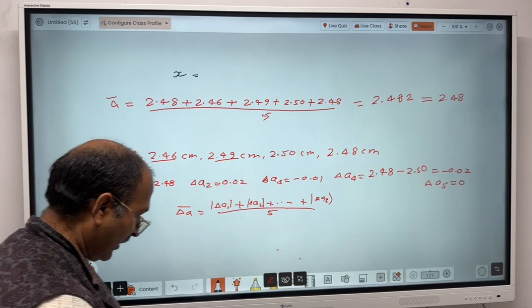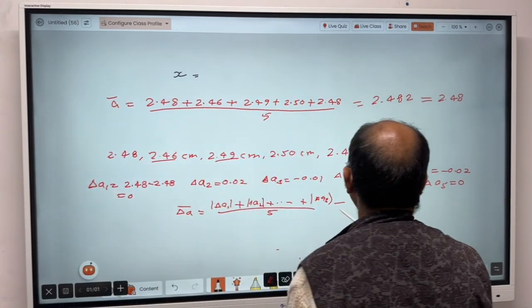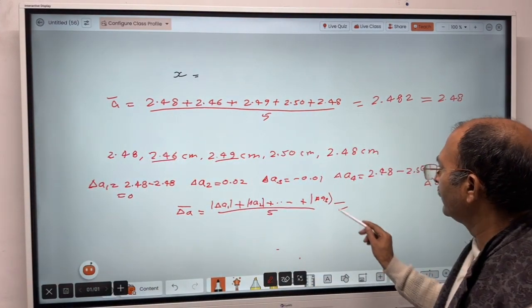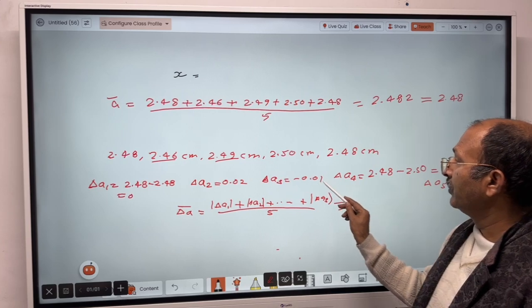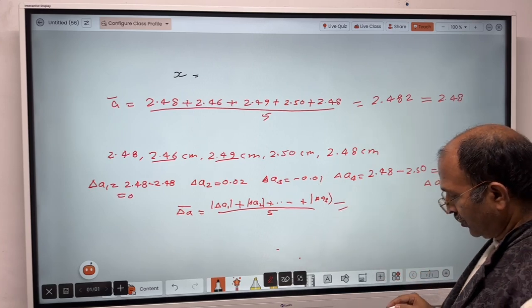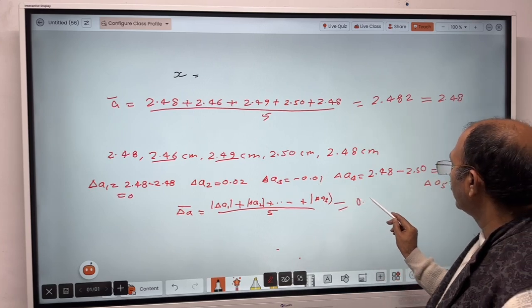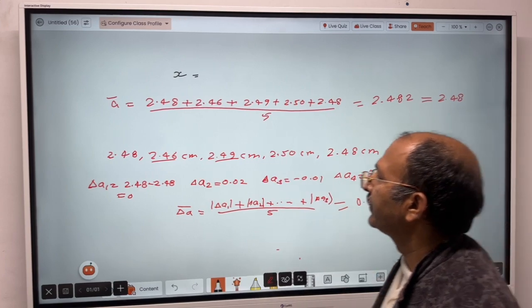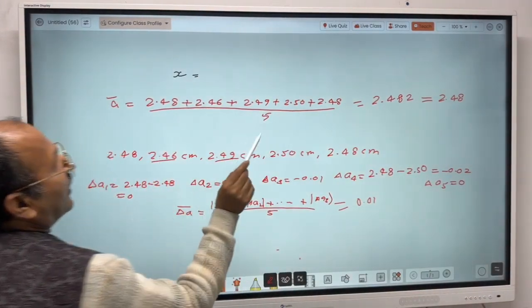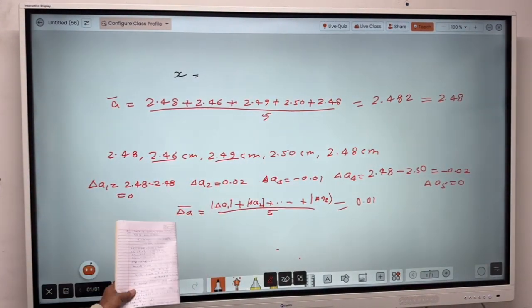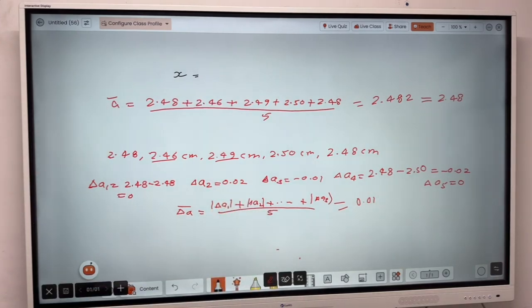We put the values and then we evaluate. It is simple, you can put the values, but keep in mind you don't have to write the negative sign. So you will get 0.01. So you have got A bar as 2.48 and delta A bar as 0.01.